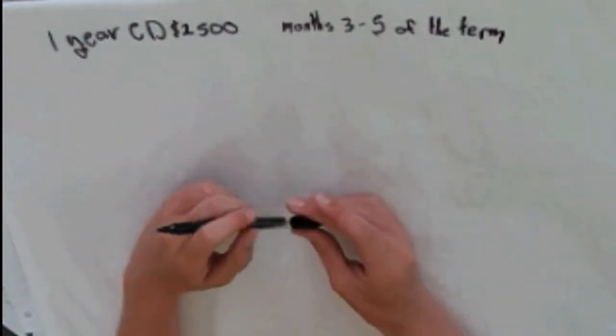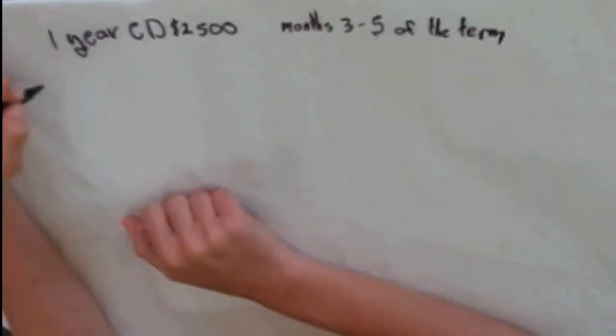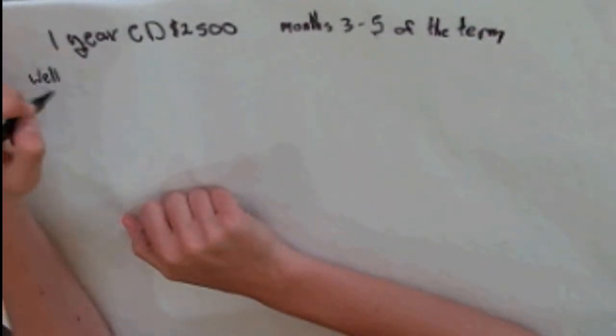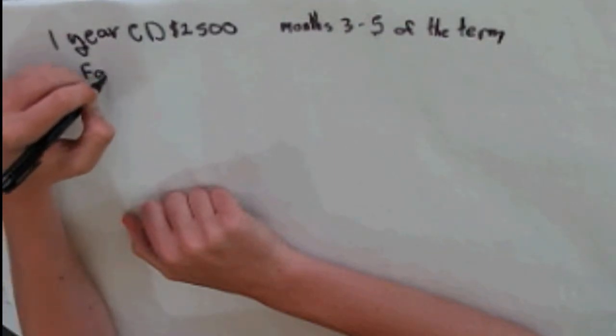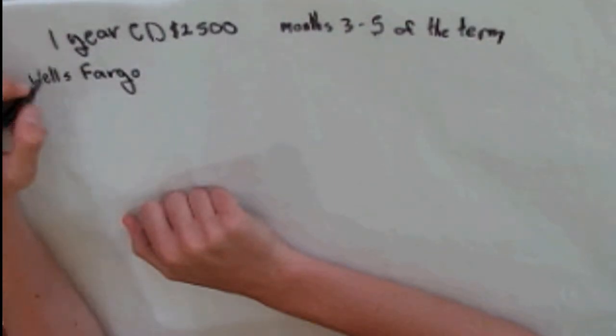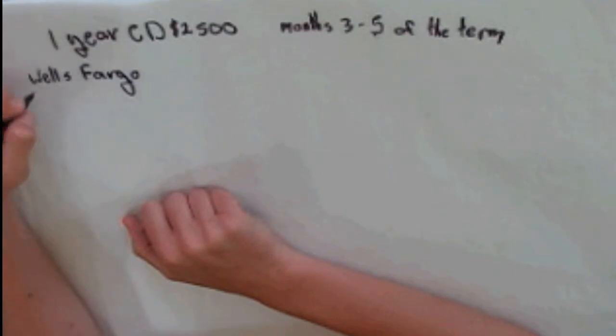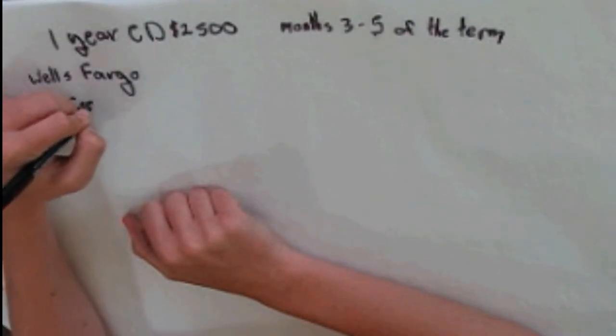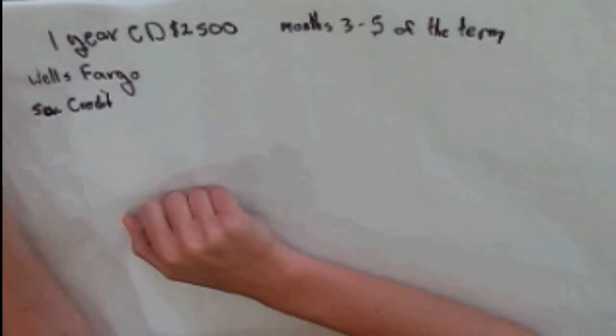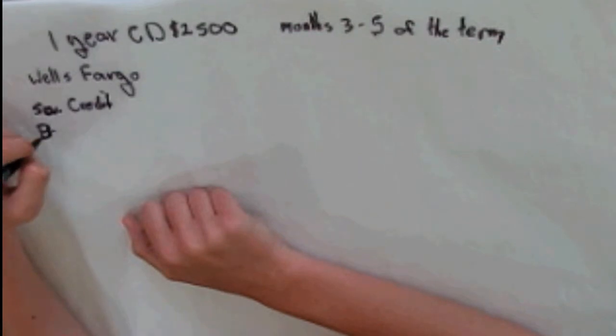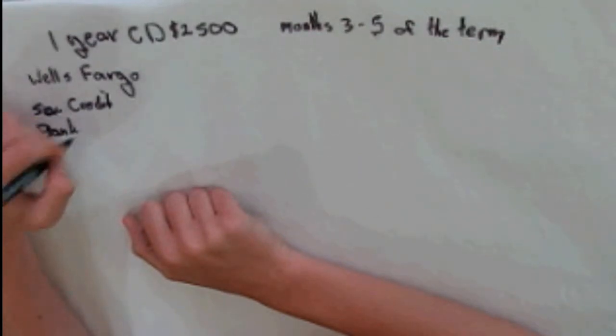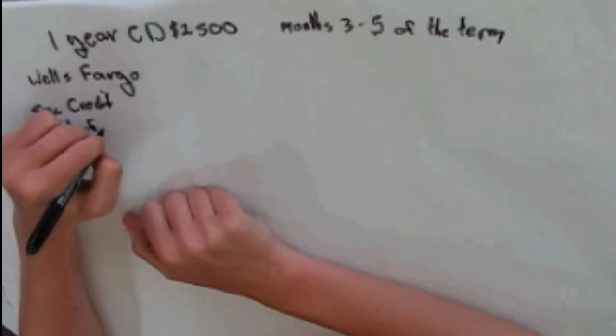So we have 3 banks. We have Wells Fargo, we have Sacramento Credit Union, and we have Bank of America.